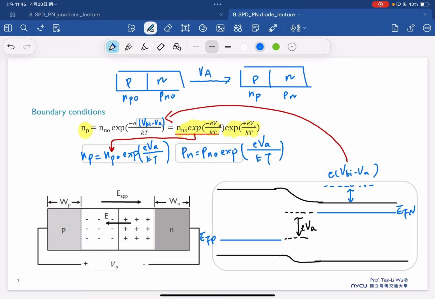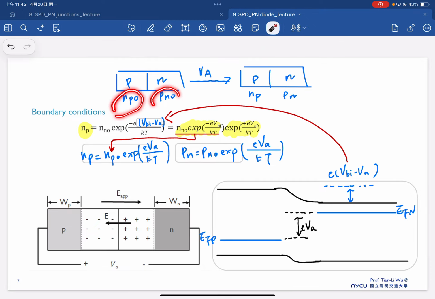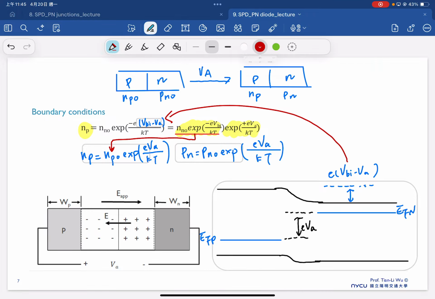So that's the goal. As I say, the calculation is not that complicated, but the denotation and the terms here are sometimes a little bit confusing. So I just try to help everyone understand our goals behind it. Now we understand that this is thermal equilibrium, this is under the bias, and the only difference here is just exponential EVA over KT.